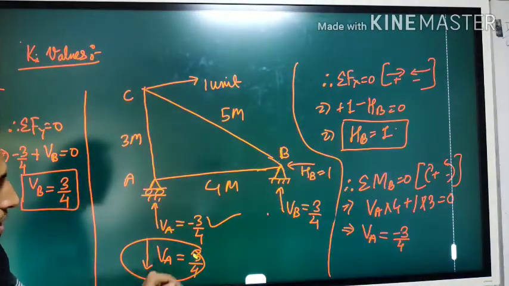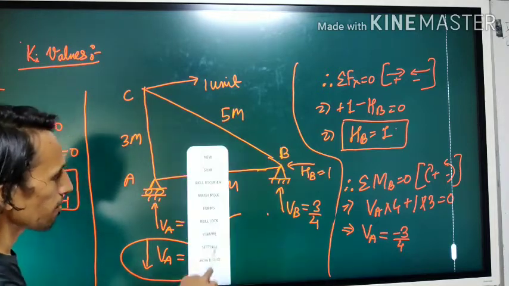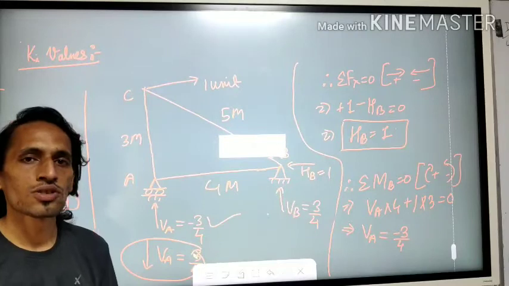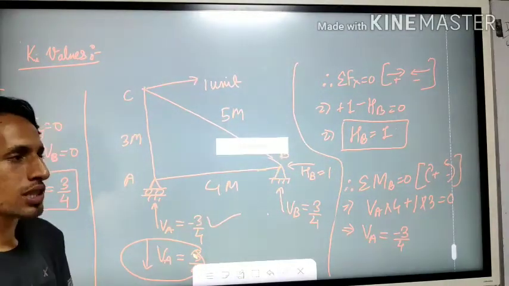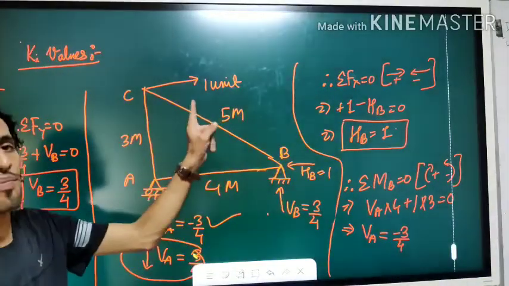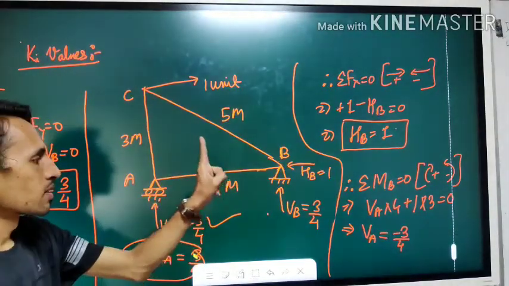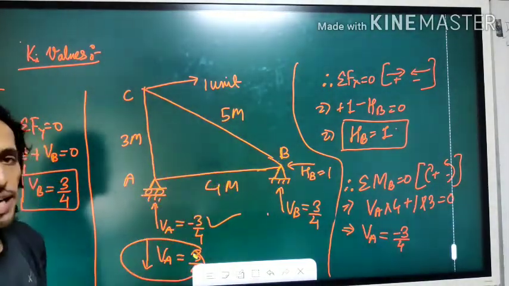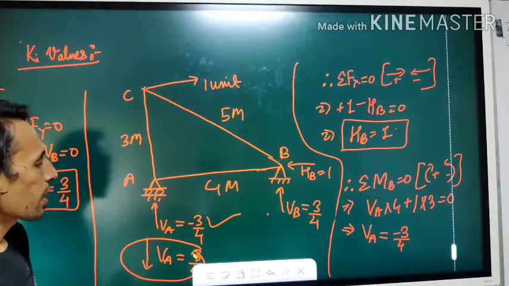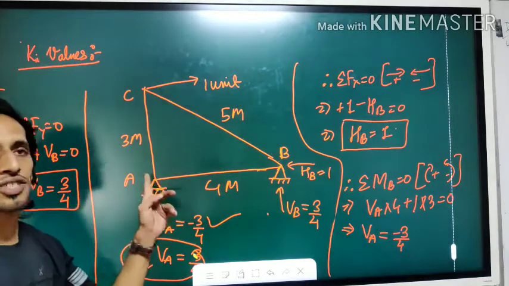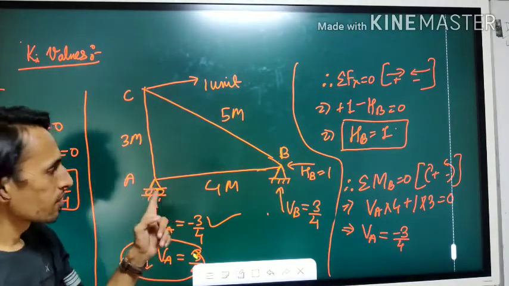So let's start finding the KI values. What are KI values? They are also member forces, but when the unit load is applied in the truss. So we'll start finding the values. From where can we start? I think we should start from joint A. Why?